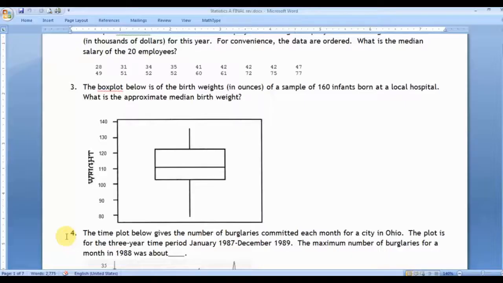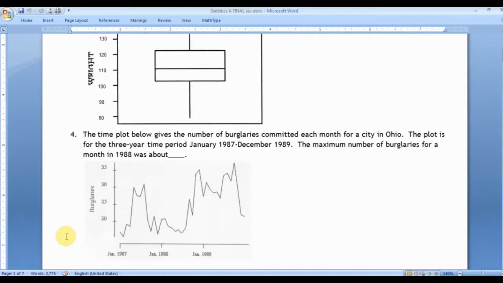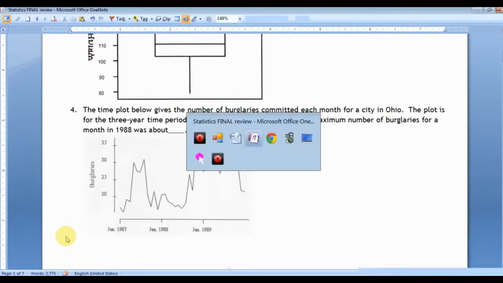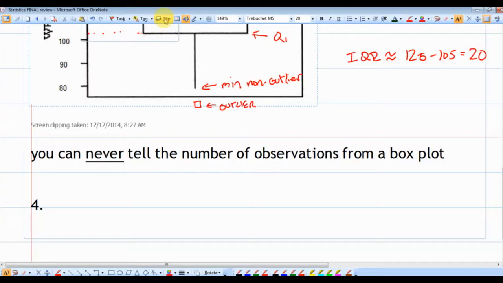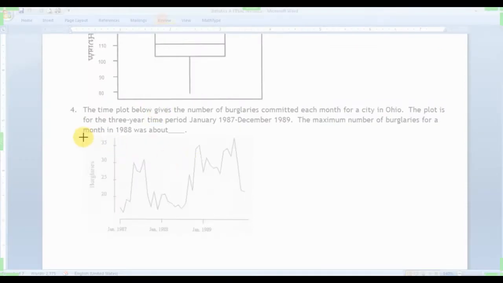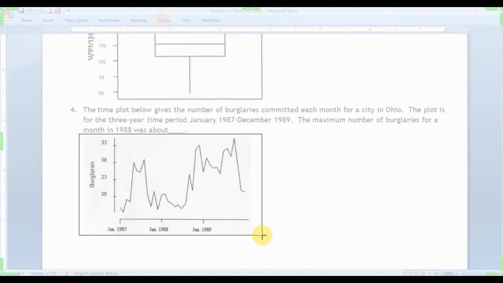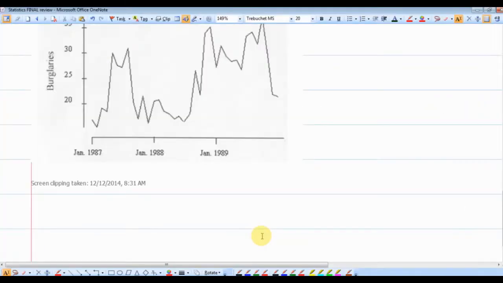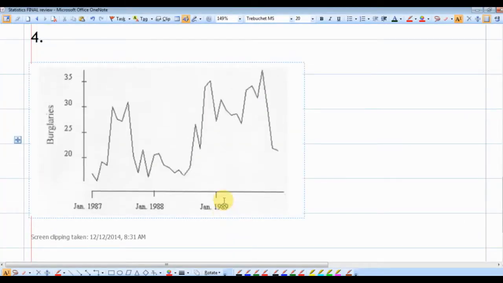Okay. Let's screenshot this again since it works so well. Okay, so we're looking for the maximum number of burglaries in the year 1988.